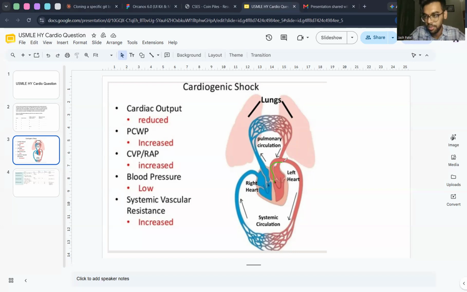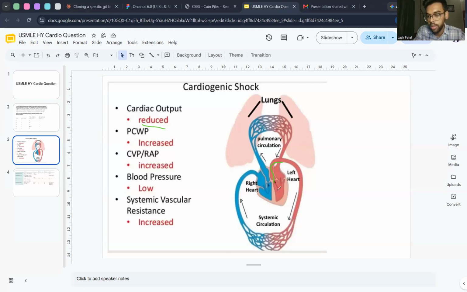But when it fails as a pump, so in acute MI, the cardiac musculature is also underperfused like any other tissue in the body. So it leads to decreased contractility, which causes decrease in the ejection fraction and thus a decrease in stroke volume and the cardiac output. Thus, the cardiac output is decreased.